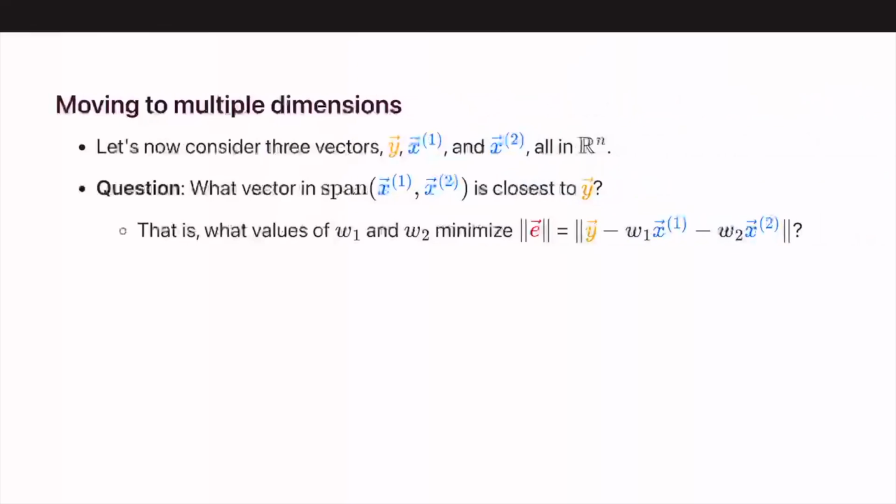So the idea here is: what vector in the span of x1 and x2 vectors is closest to y? And remember that in order to figure that out, we have to learn what those w's are. So this would be w1 x1 plus w2 x2.